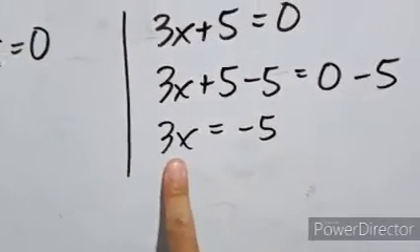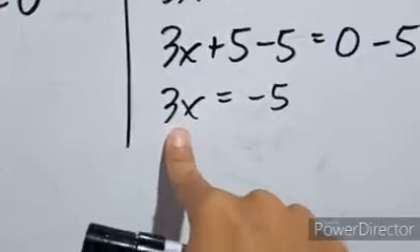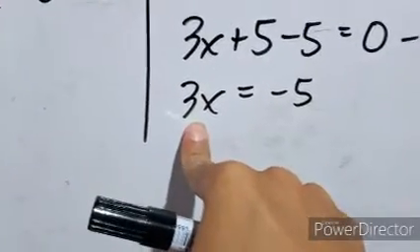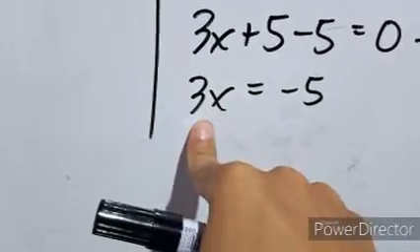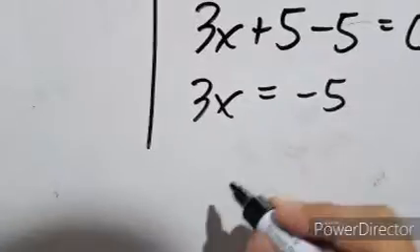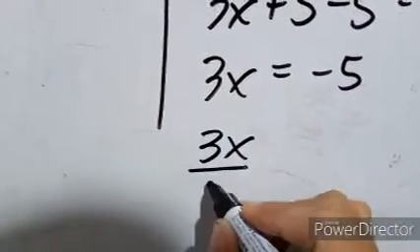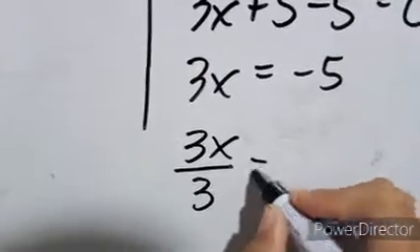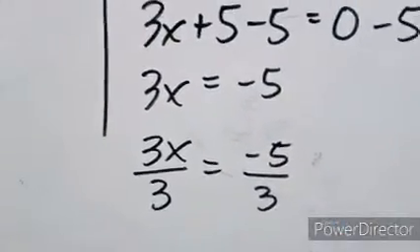Kailangan ma-isolate natin ang x. So, meron tayo 3. Anong operation to? So, this is times 3. Kailangan nating matanggal yung 3 without changing the equation. So, gagawin natin dyan ay 3x divided by 3 is equal to negative 5 divided by 3.